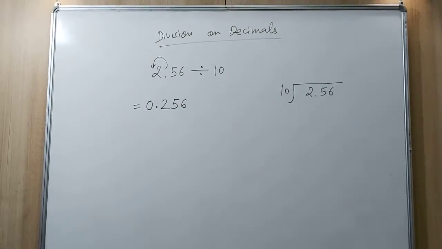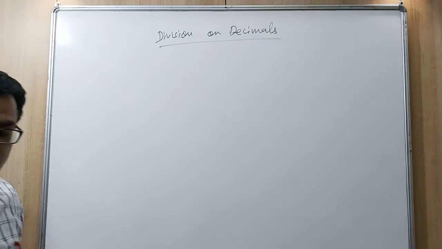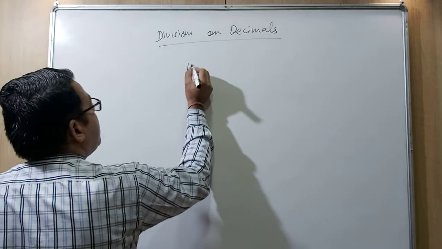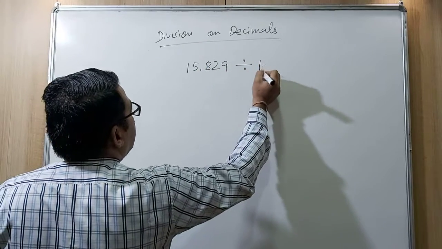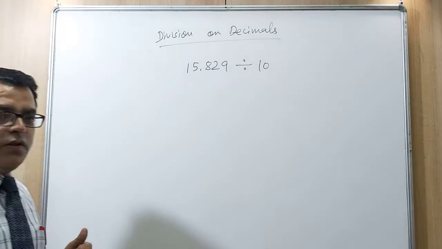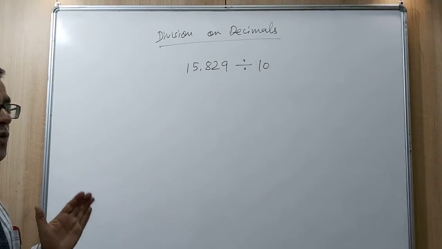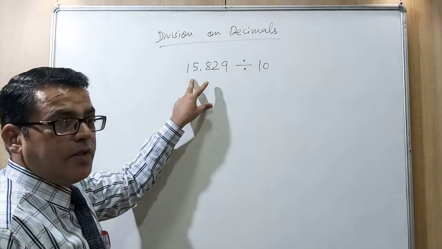Let's take another example. Suppose we have 15.829, and this time we are dividing this number by 10. What to do now? We need to shift this decimal point one place to the left hand side. Why one place?